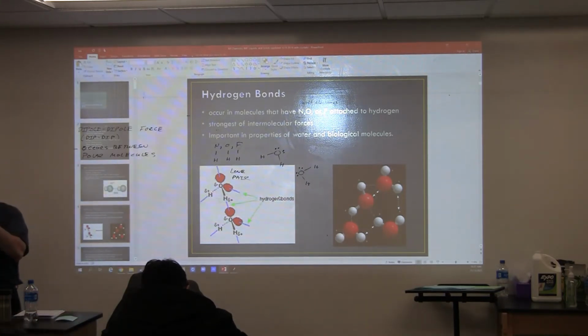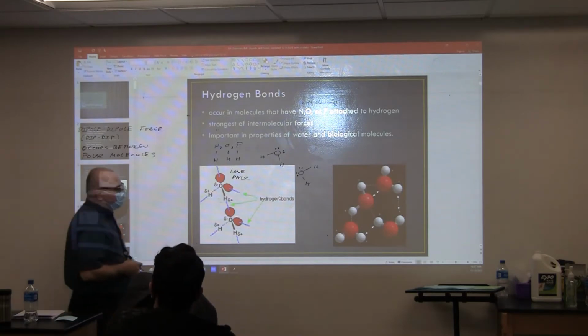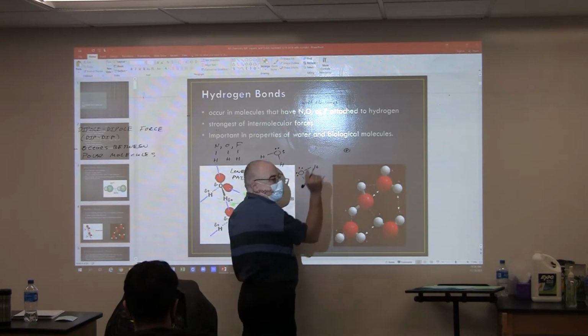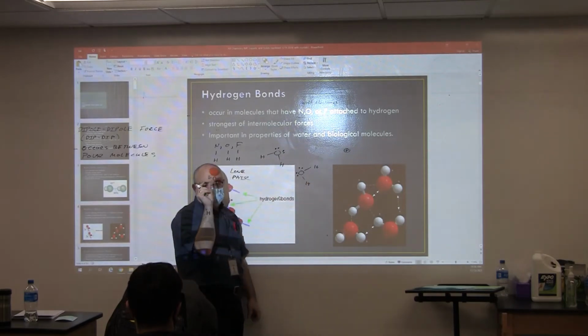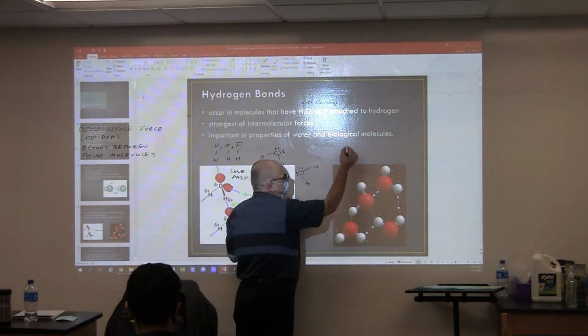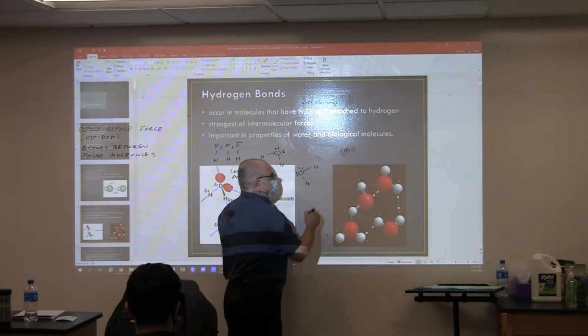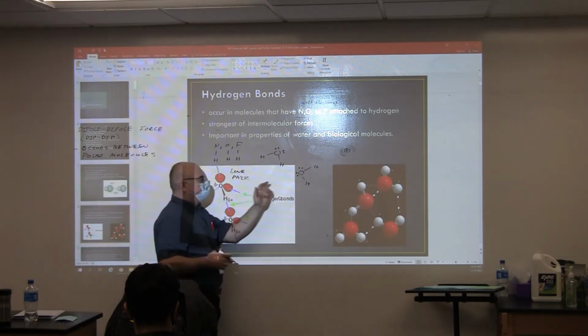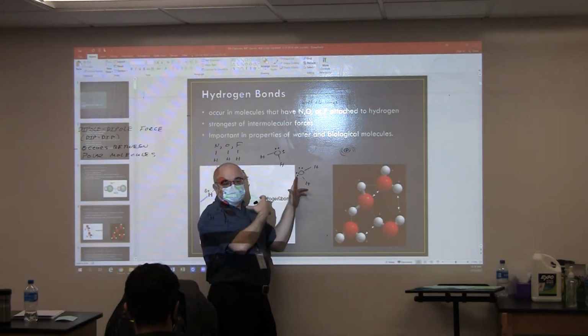Let me explain why this is such a special case. When you think about a hydrogen atom, isn't it just a proton, which is very tiny positive charge? Like in terms of physical size, a proton's very small. And it's got one electron around it, which we can show with this 1s electron cloud. But what happens when a super electronegative atom is pulling on the electrons?